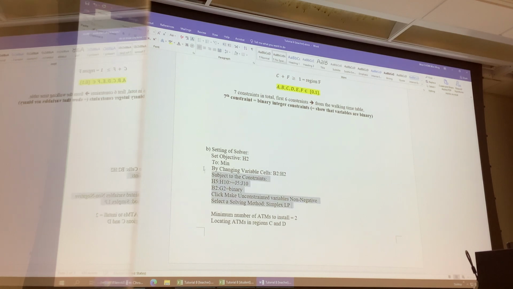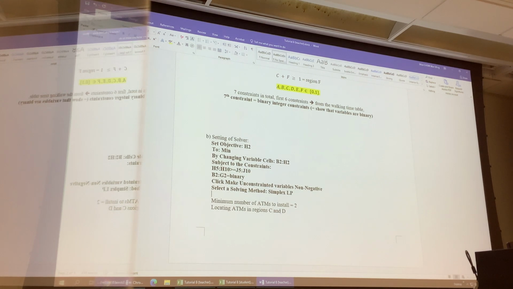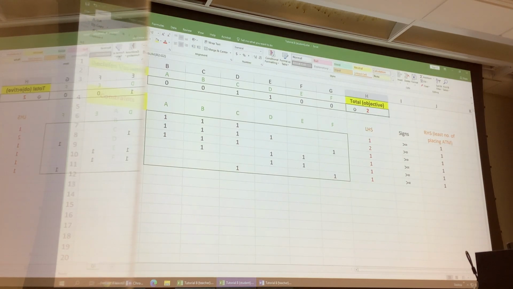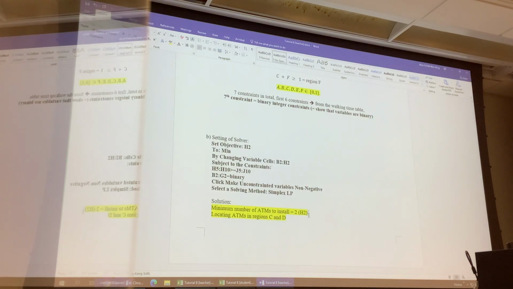And then for this one, the important tool, these are the solutions. Minimum number of ATMs to be installed, that is 2. The 2 is referring to H2, the cells, right? For these cells. So you can answer the question in this way.